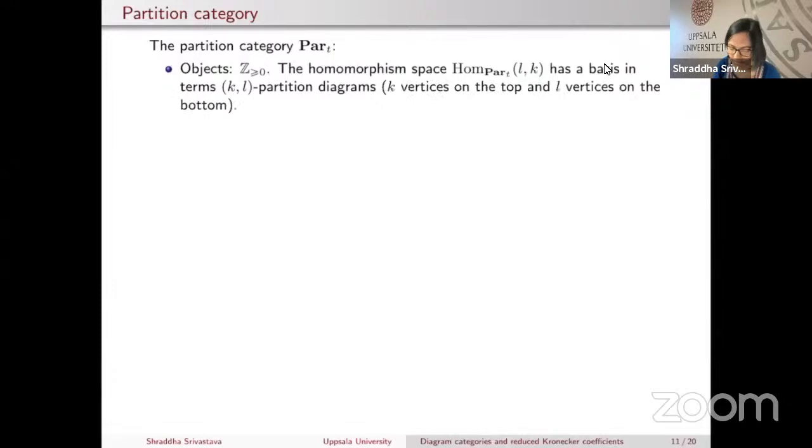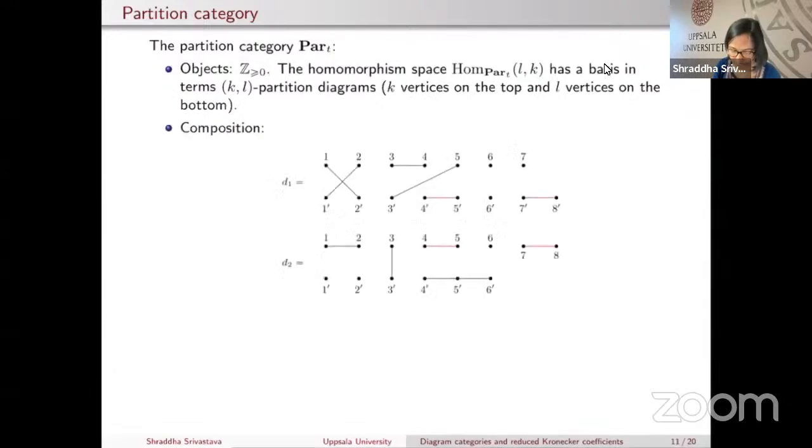Earlier, when we defined partition diagrams, we looked at the L equals K case, but in principle L could be any; it is not necessary that the top and bottom have the same number of vertices. This holds even from the set partition viewpoint.